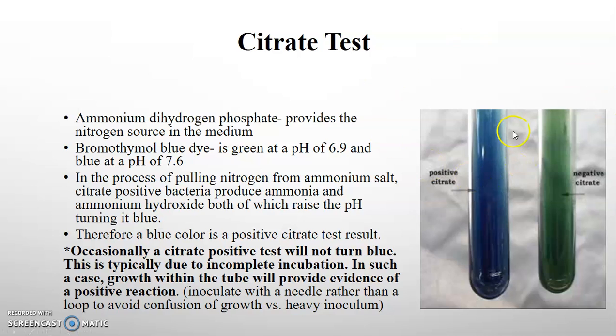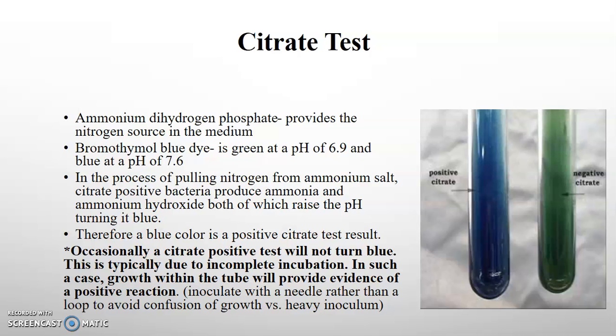However, if it turns bright blue, which is what we see here, that's an indication that yes, your bacteria has the citrate permease enzyme, and yes, your bacteria can use citrate as their sole source of carbon. So how it works is these test tubes actually have pH indicators too. Just like the plates have pH indicators, the test tubes have pH indicators.